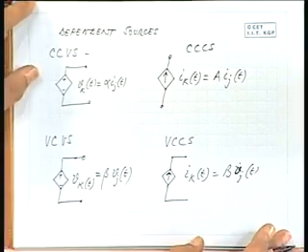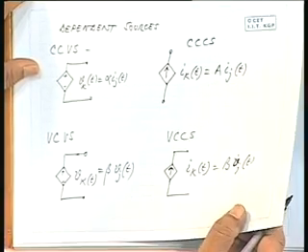Okay. So, these are the 4 different types of dependent sources.